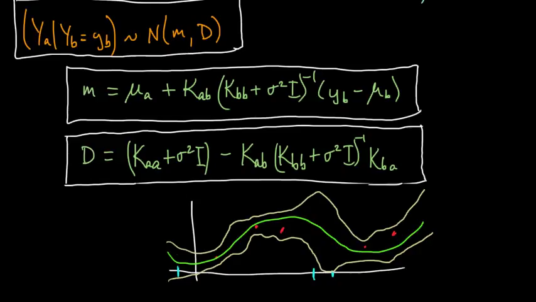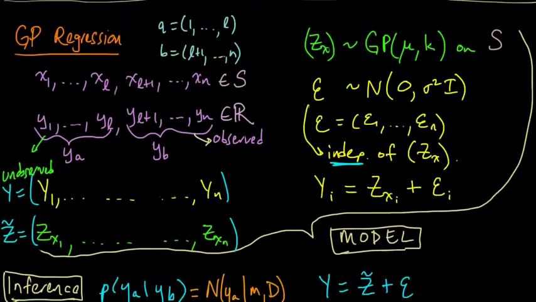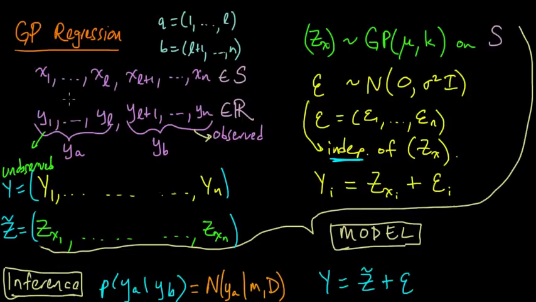So that's how you do inference. And so what decisions did we have to make in order to set up this model? Well, basically everything is determined by this formulation, except for this mean and covariance function. These are your parameters in some sense. These are the choices that you can make.